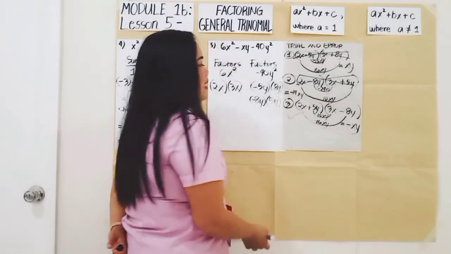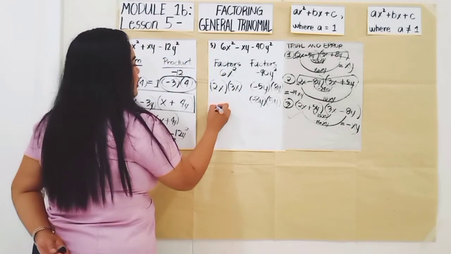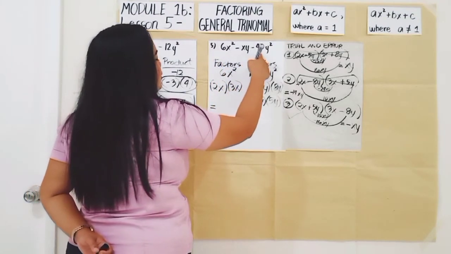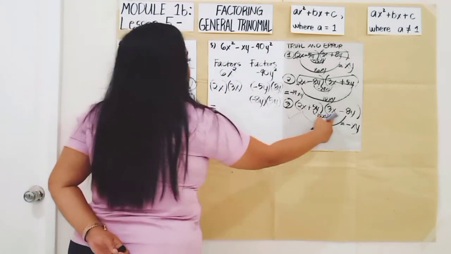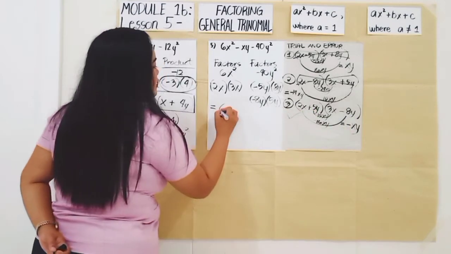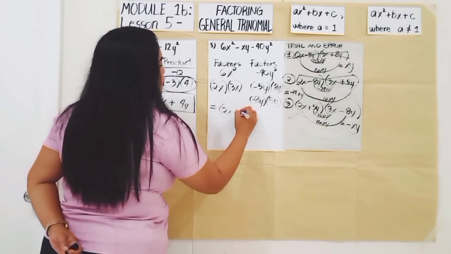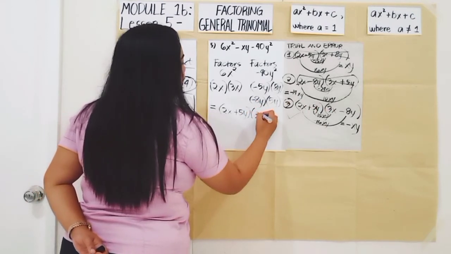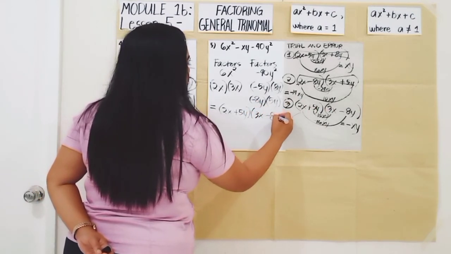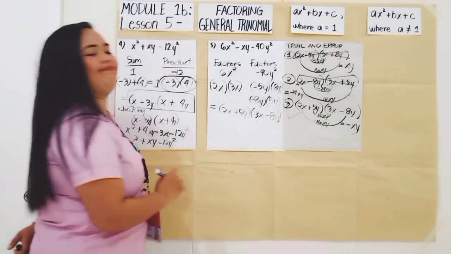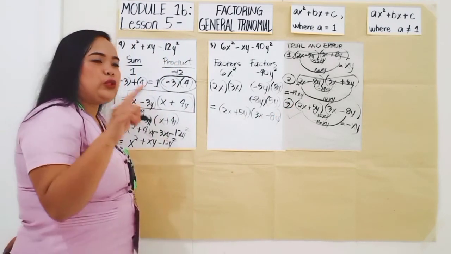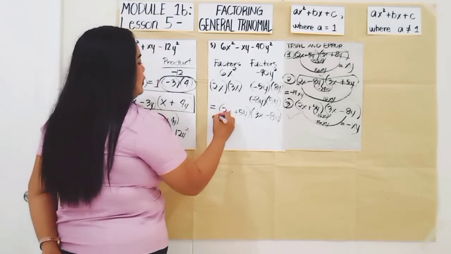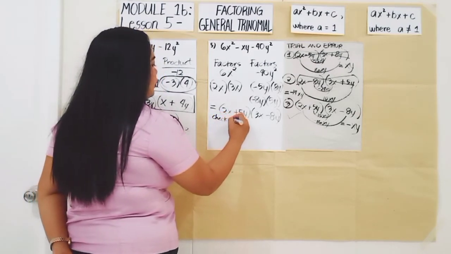Correct. Okay? So, meaning, the factors of 6x squared minus xy minus 40y squared is equal to 2x plus 5y and 3x minus 8y. Okay? So, to check again if our answer is correct, then you do the FOIL method.